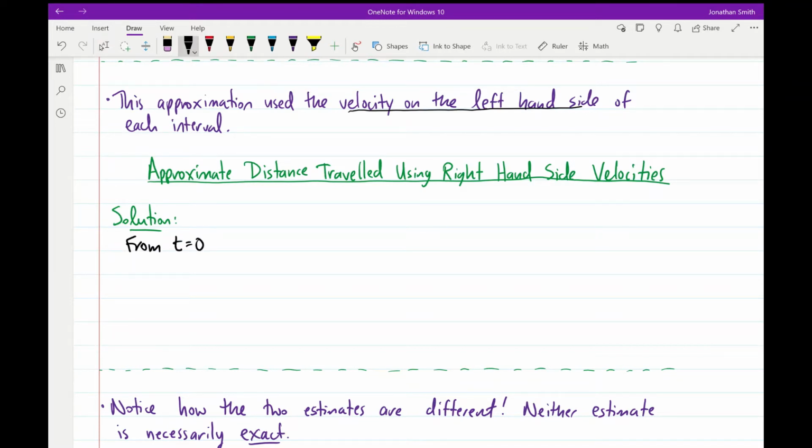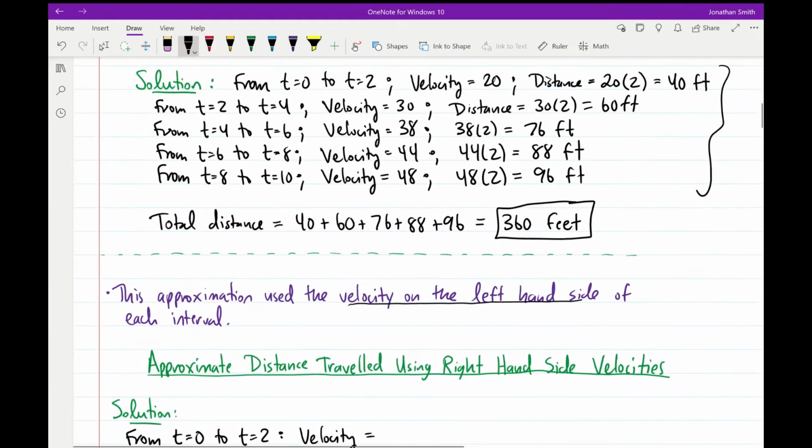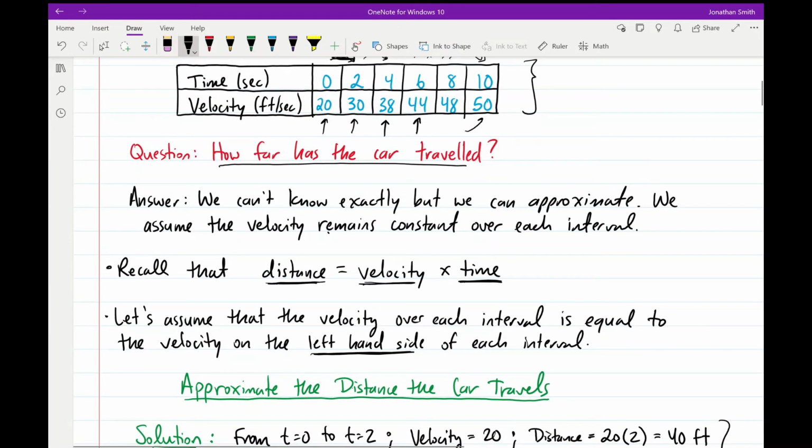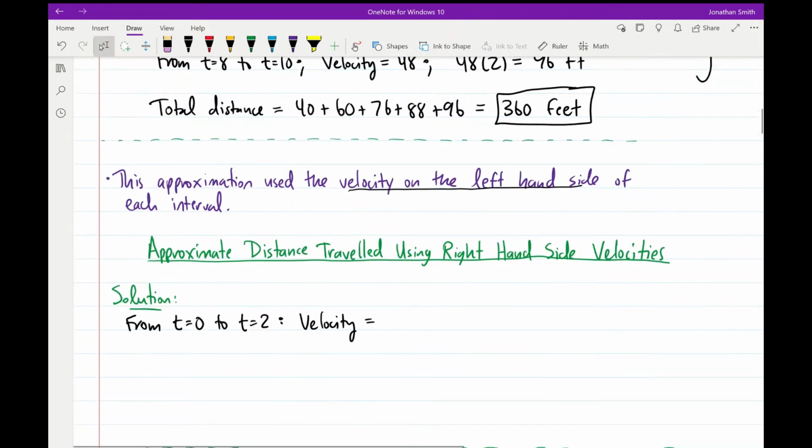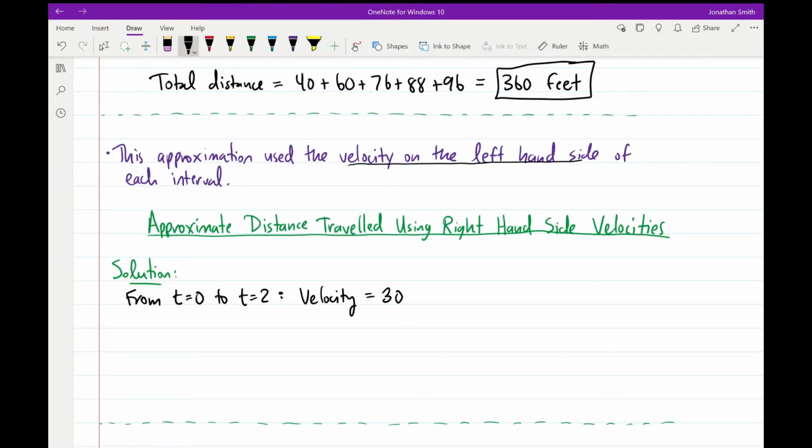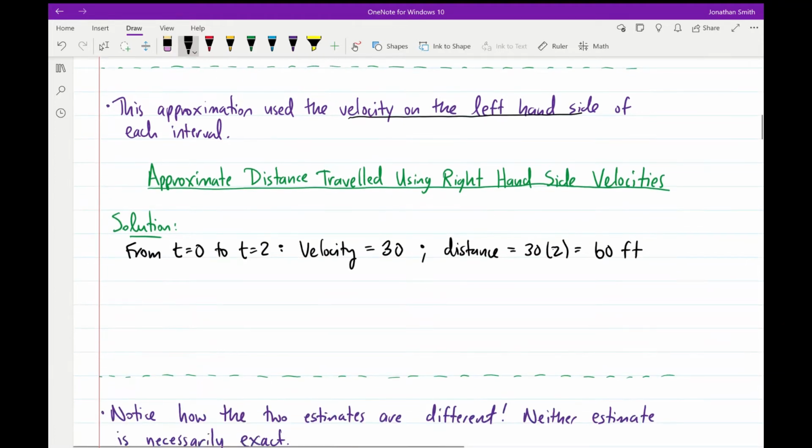So from t equals 0 to t equals 2, this time the velocity is not going to be 20, the velocity is going to be 30, because we're using the velocity on the right-hand side of each of the intervals. So we get 30, and then the distance is equal to 30 times 2, which is 60 feet.